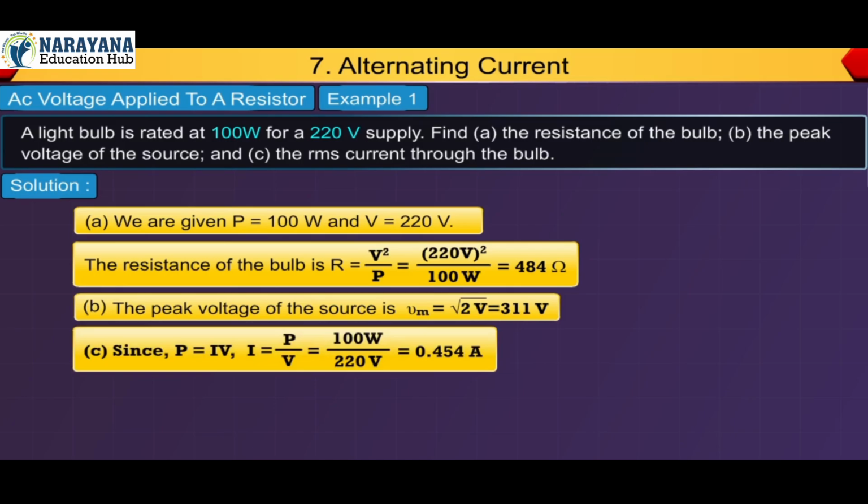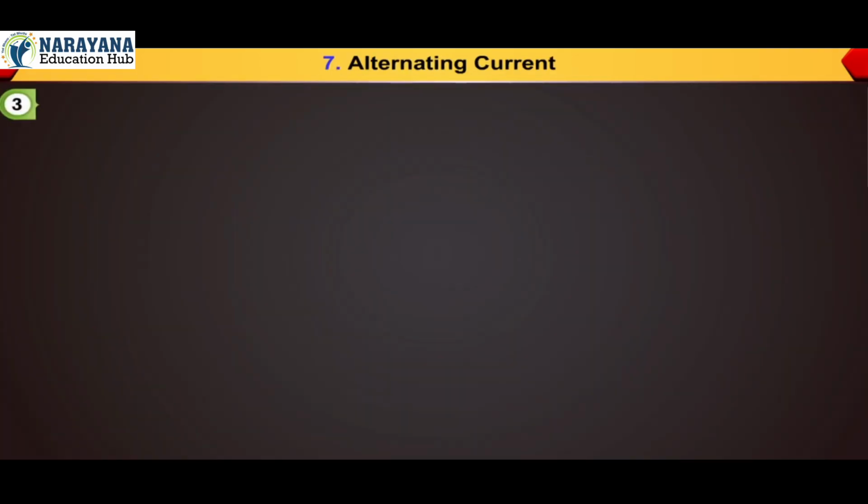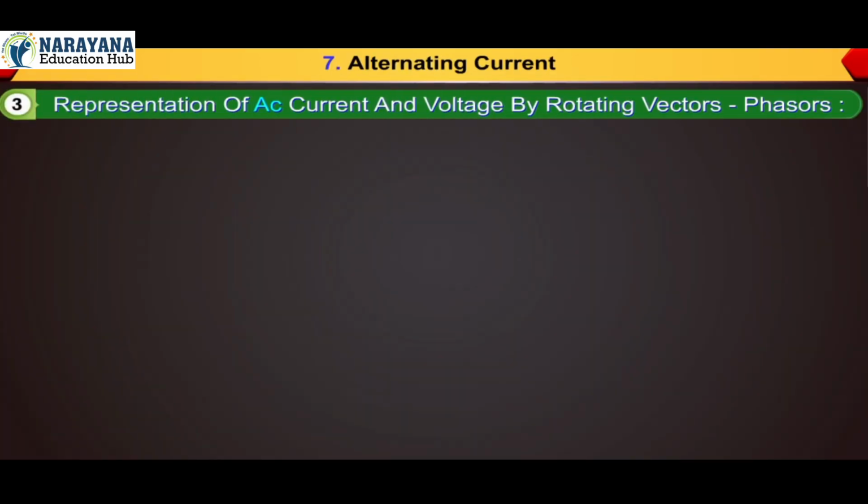C. Since P = IV, I = P/V = 100 watt/220 volt = 0.454 ampere.